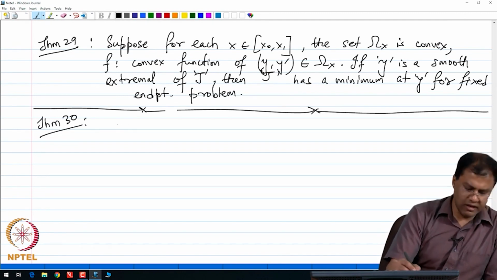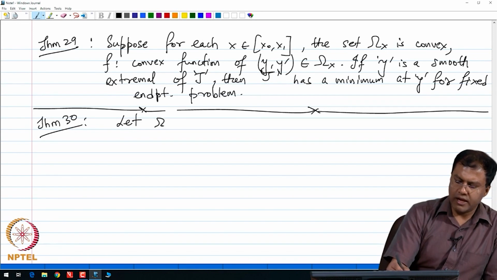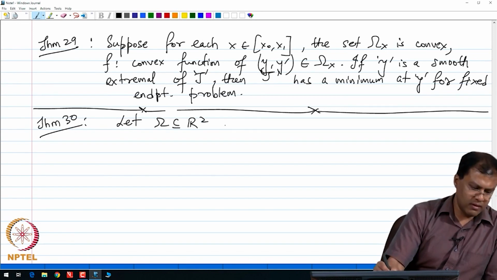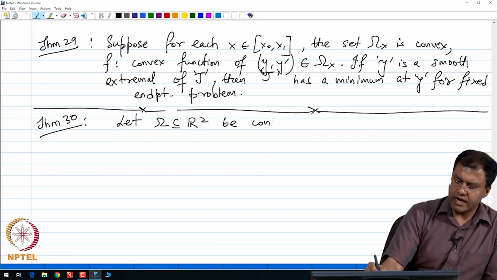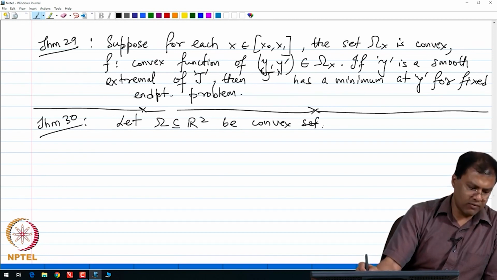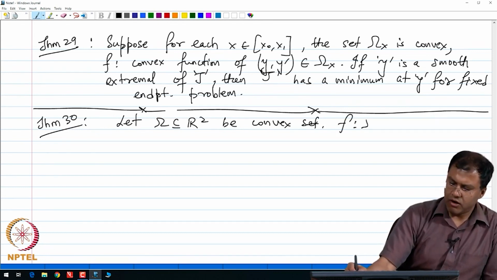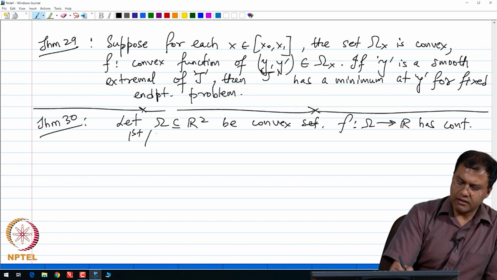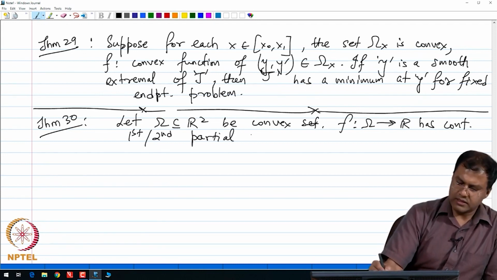So, the second result says, suppose Omega subset of R^2 is a convex set, and f from Omega to R has continuous first and second partial derivatives.